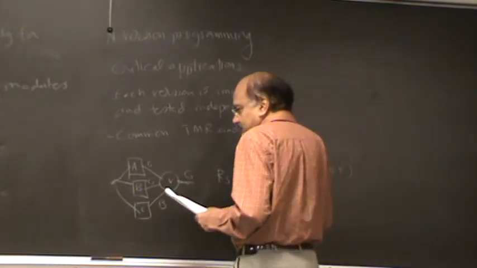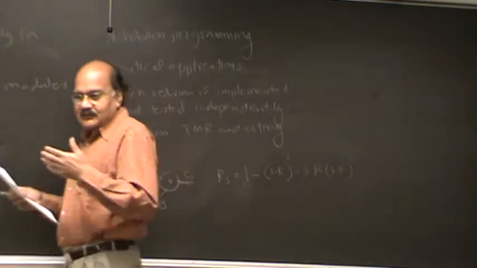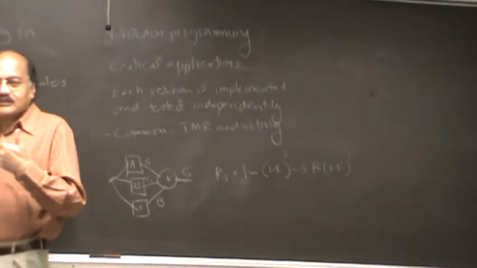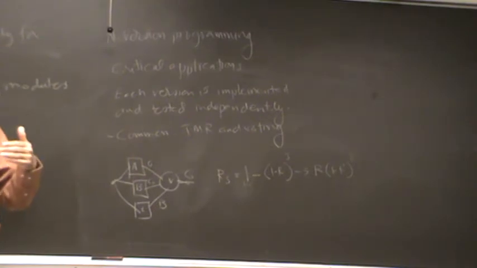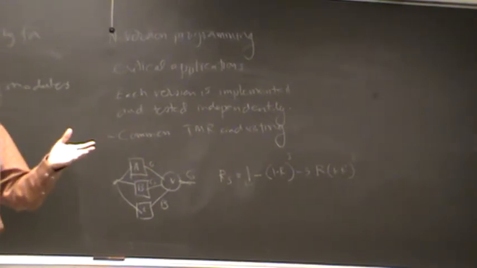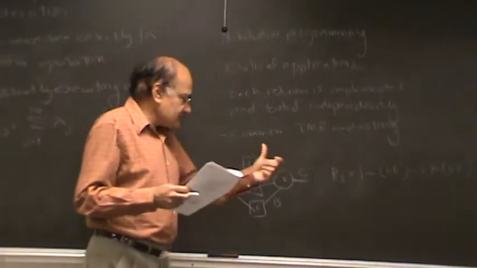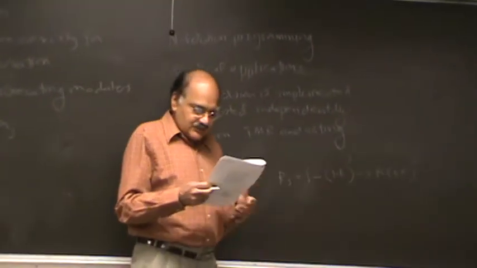So it's actually the same expression as what you were saying, which is 3R squared minus 2R cubed. So that's actually the same thing, if you simplify this way.